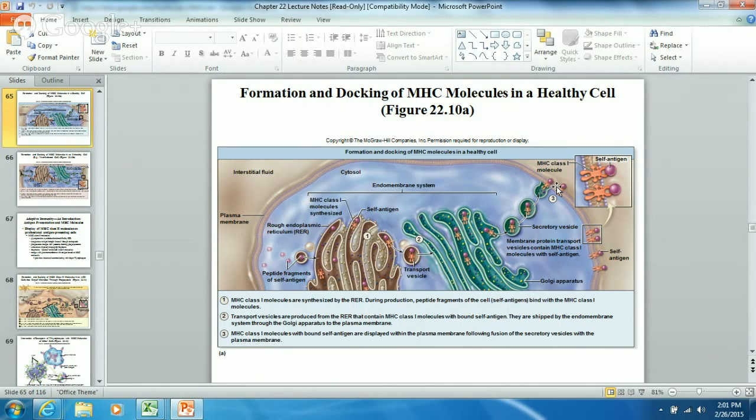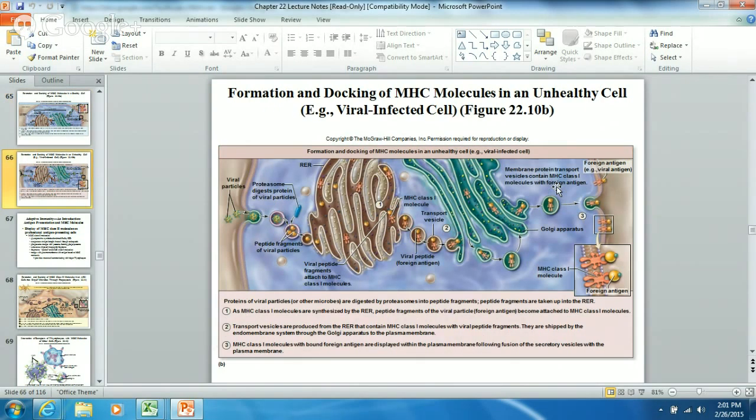This is normal. However, you flip to the next slide, and the only thing that changes is that this is what's happening in an unhealthy cell.